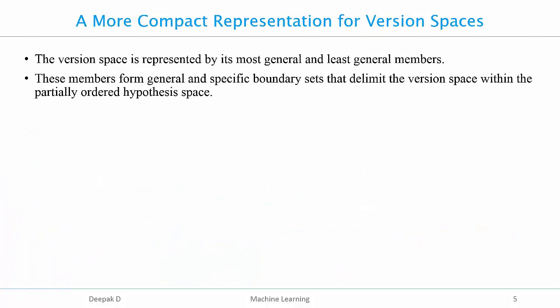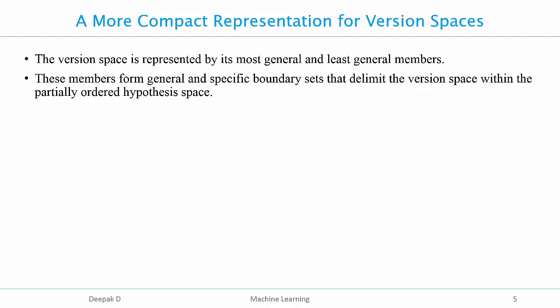Let's see the next representation, which is a more compact representation for your version space. Previously, the candidate elimination algorithm works on the same principle as your list-then-eliminate algorithm. So how is this version space represented?